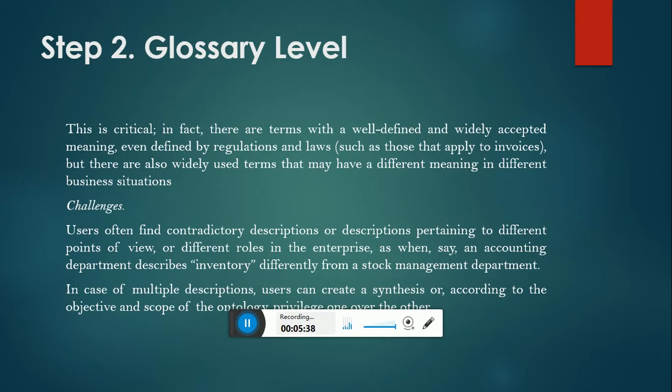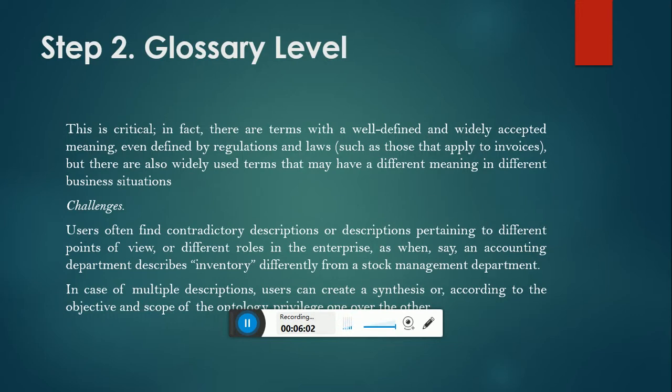So it has challenges, and let's talk about the challenges. Users here often find contradictions or descriptions pertaining to different points of view or different roles in the enterprise, as when, say, an accounting department describes inventory differently from a stock management department. So it may create a problem there. That's a glossary-level problem.